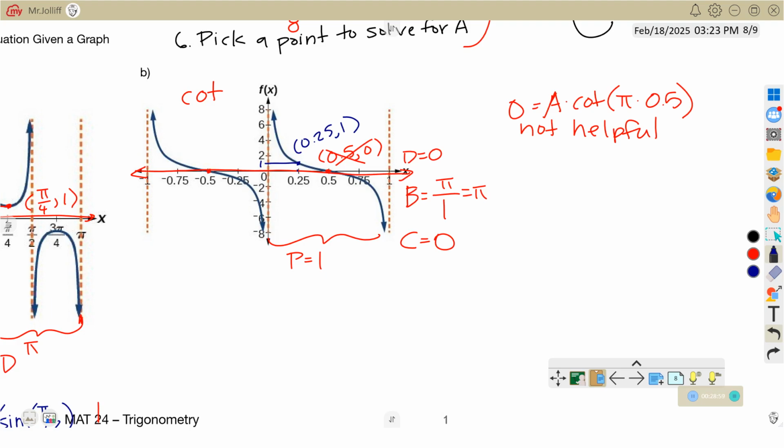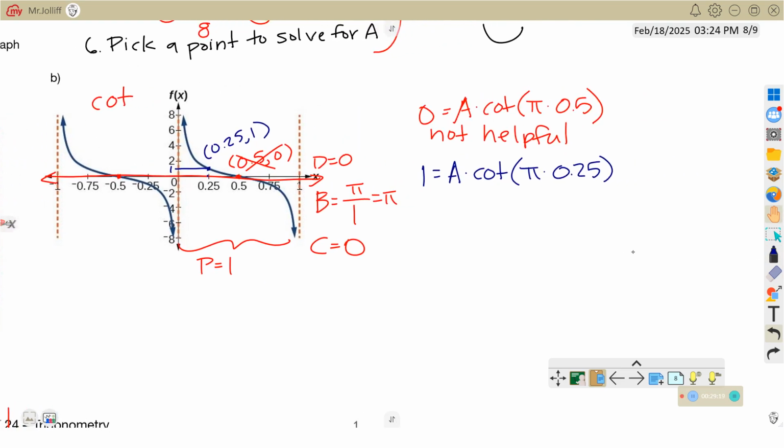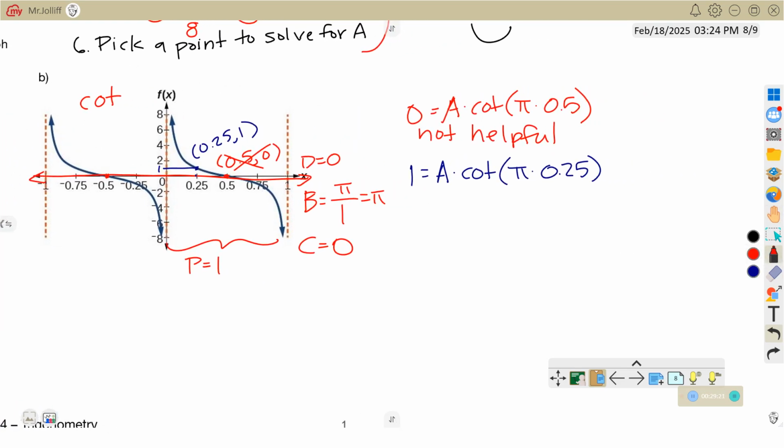So for that point, what's my Y value? 1. 1 equals A times cotangent of pi times, and my X is 0.25. And we need to know what cotangent is. On your calculator, do you have a cotangent button?